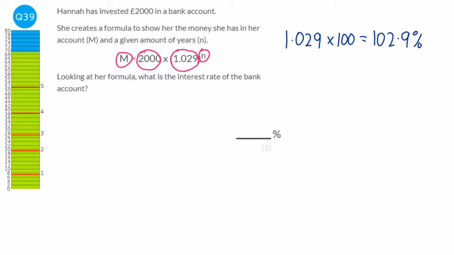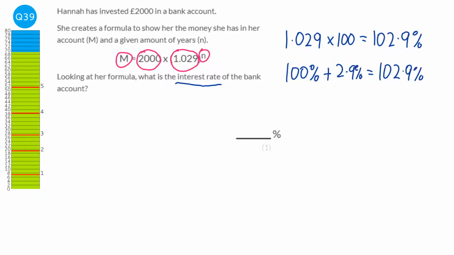it will be 102.9%. Now it says, what is the interest rate of the bank? Well, this 102.9% is 100% plus the interest rate, which will equal the 102.9%. So the interest rate is going to be the 2.9%.